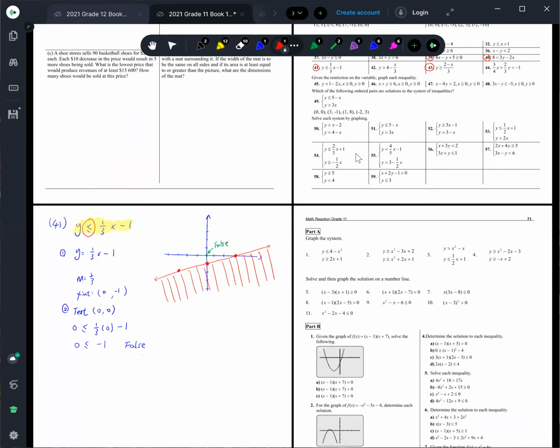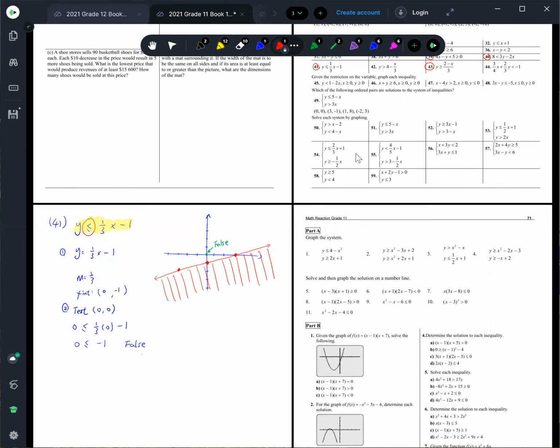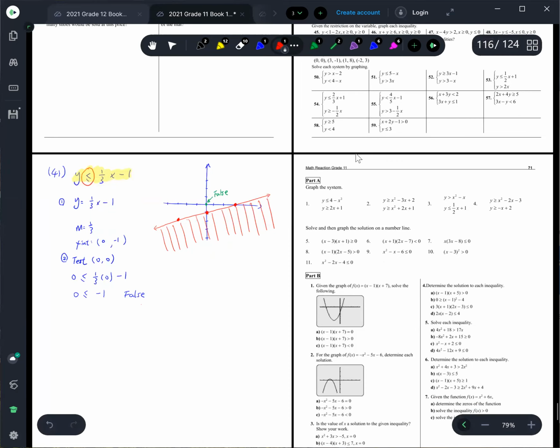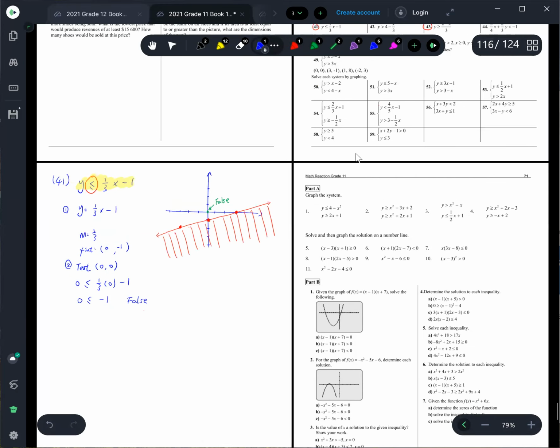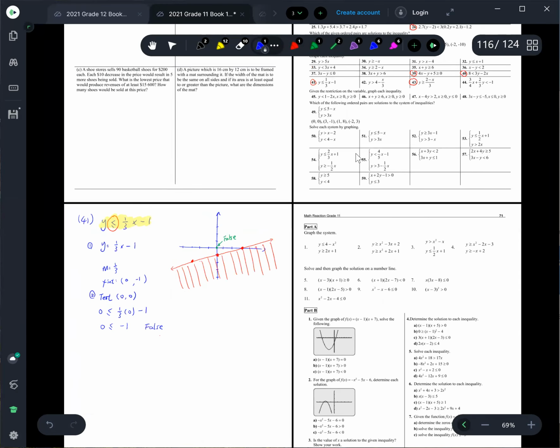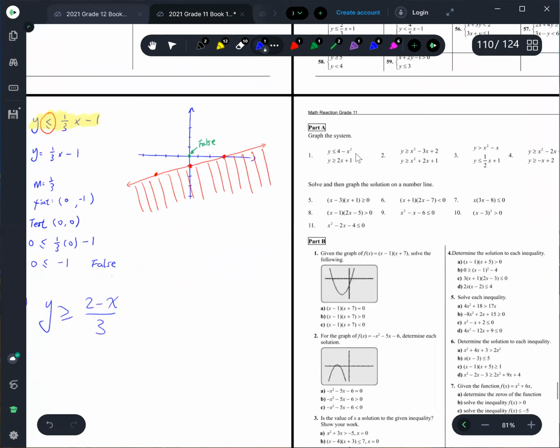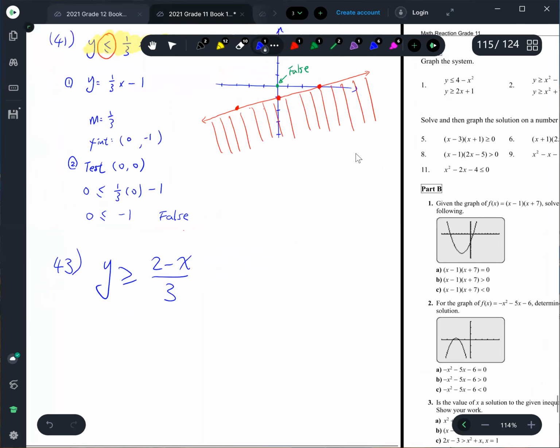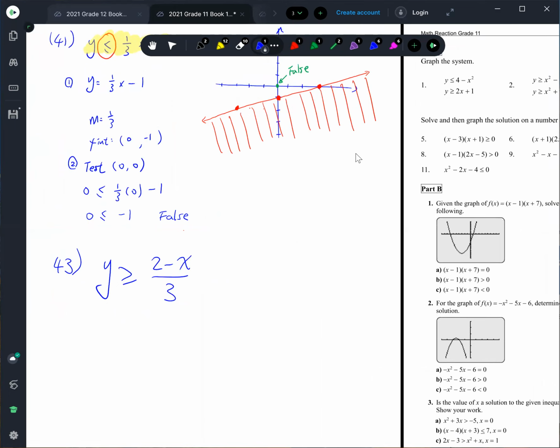For 43, it's similar, except you need to rewrite it first, so then you can tell the slope and y-intercept. Let me write down the question. Right now this question is not in slope y-intercept form. Y equal to 2 minus x over 3.